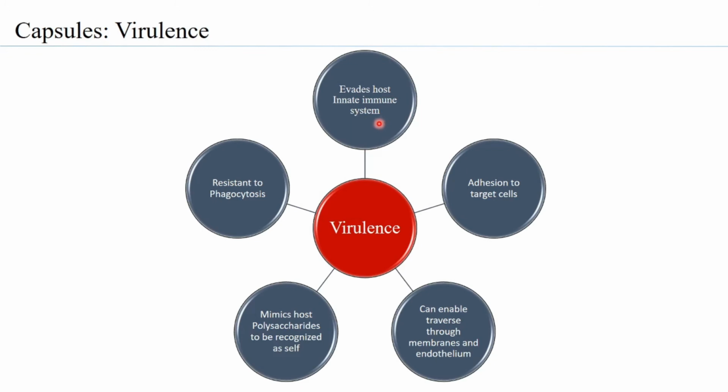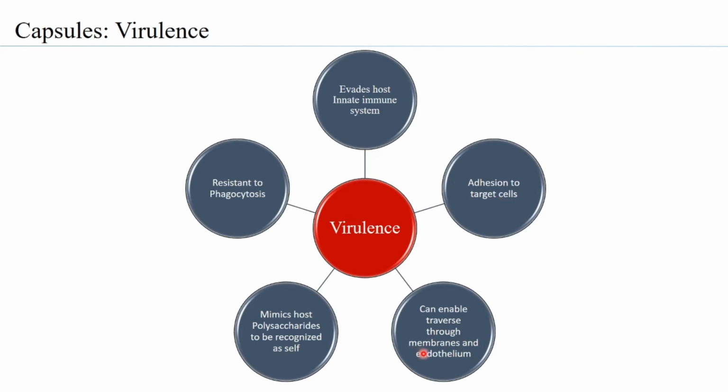So for example, there is something called the complement system as part of the host immune system, and this complement pathway is not able to act on the bacteria because of the presence of the capsules. One has already looked at that because of the presence of the capsules, the bacteria can adhere to target cells.